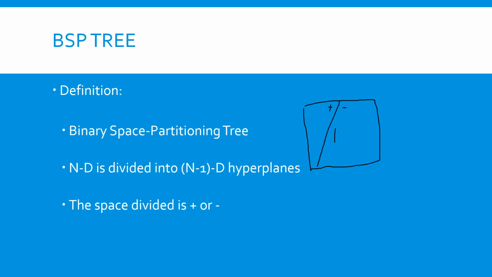If we have an object here, we can further divide this. This is the first plane, then we have the second node, and then a third one. If we divide it plus, negative, and the third one plus, negative, we can easily locate this one in the tree structure.